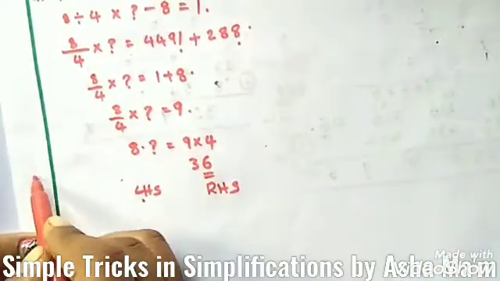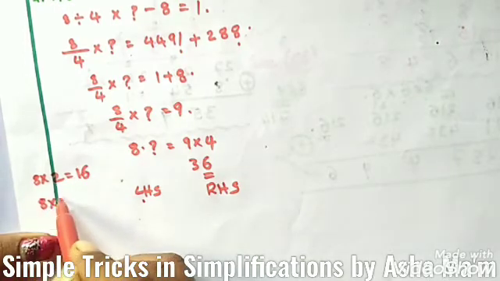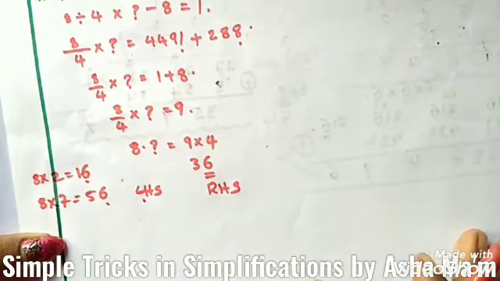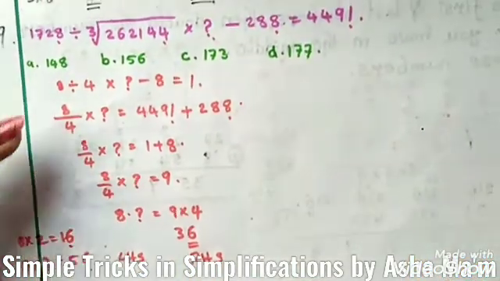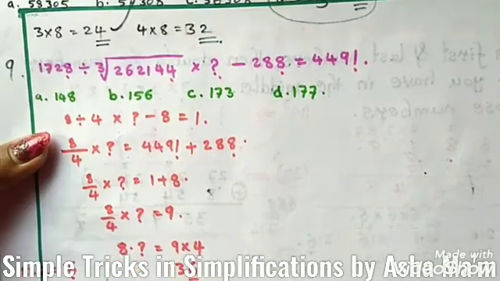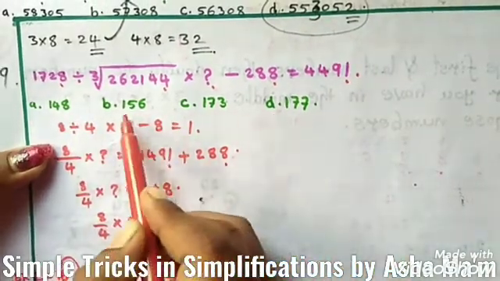So if you do like this, 8 into 2, that must be 16, and 8 into 7, that must be 56. Here also 6, here also 6 in the units digit place. So 8 should be multiplied with some other number, you should get like this, and these two numbers are 6 here. Then if you see the options now, here 156.